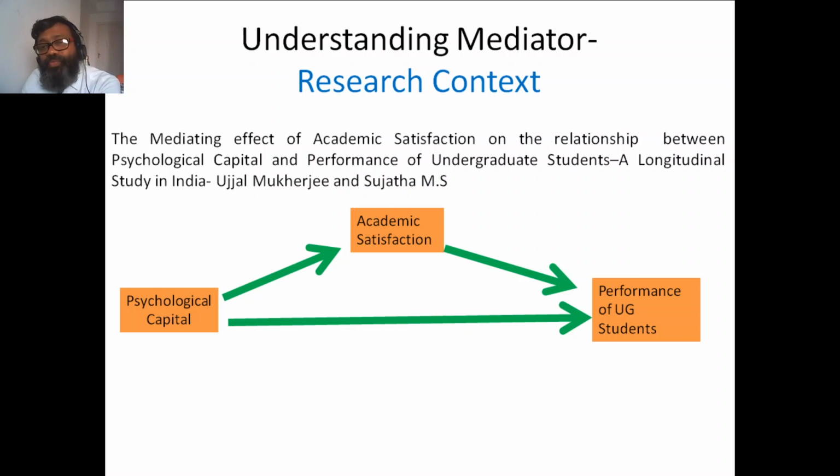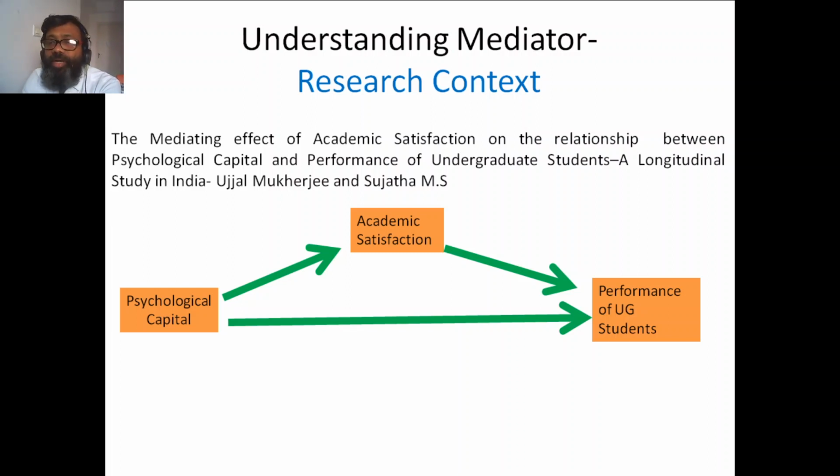Your analysis will decide whether we accept or reject the null hypothesis, and then say that there is an alternative path also, or there is only one path. Or there can be one path only, from psychological capital to academic satisfaction to performance of undergraduate students. That can also be one single path. This will be decided by your analysis.